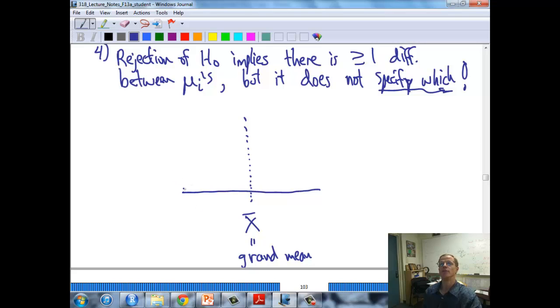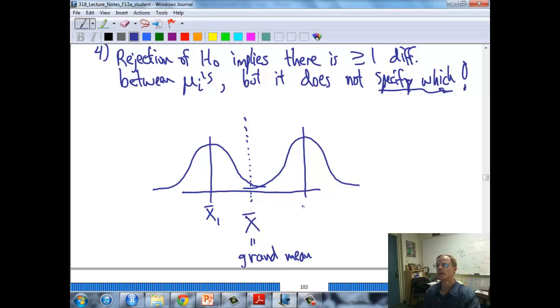But if you take group 1, I'm just going to map group 1 right over here. Group 1, and we're going to have an x bar 1. Maybe this is the control group in our light experiment. And we're going to have another group here, another curve. Here's an x bar 2.